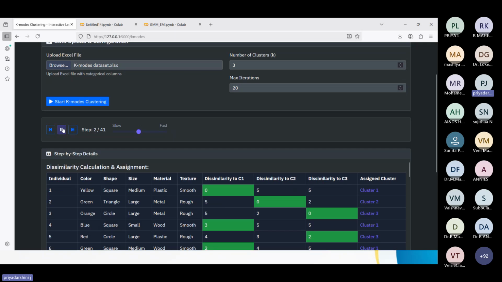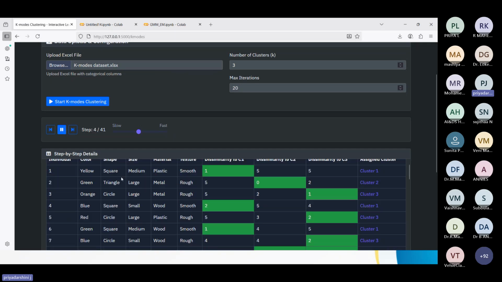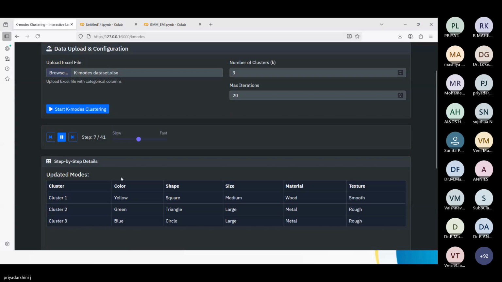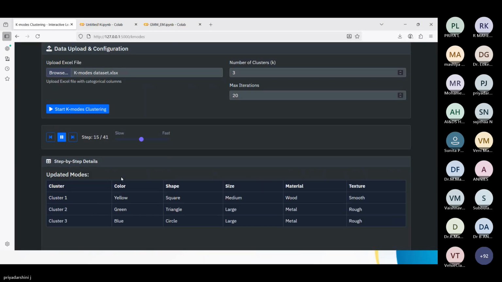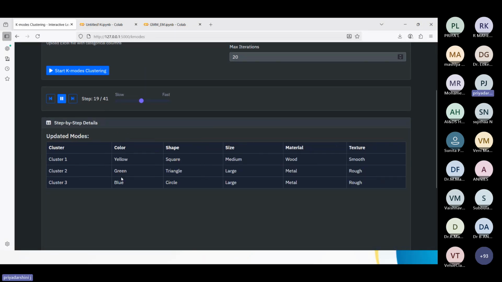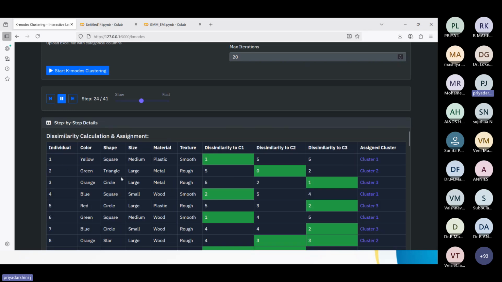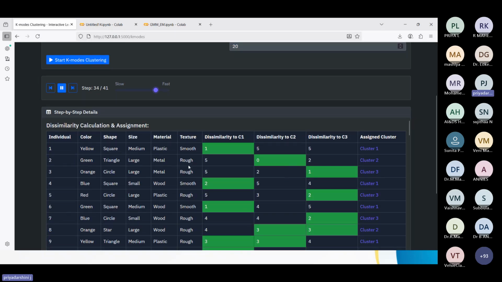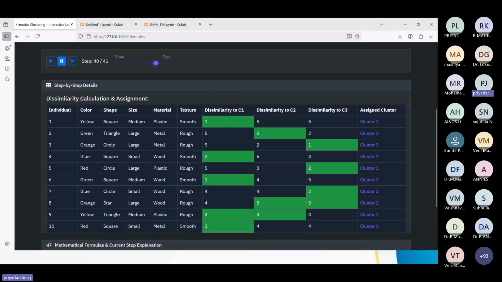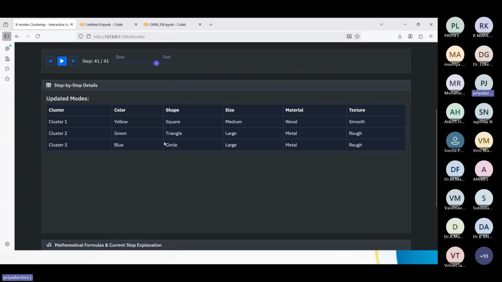When there is repeated data like this, we go with K-mode. Here we cannot find a distance metric. Rather, we look at similarity or dissimilarity. I'm moving faster. Finally, these are going to be my cluster heads.